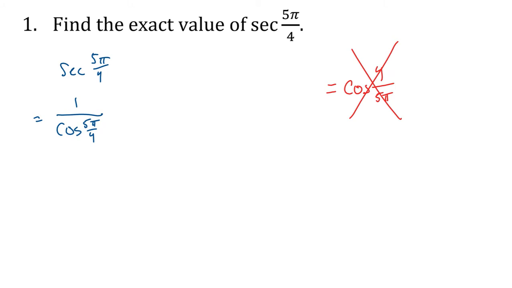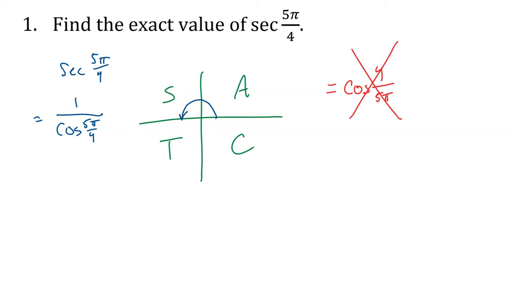What's our next step? Well, you can change it into negative cos pi by 4. So how'd you get pi by 4 and how'd you get negative? Well, because 5 pi by 4 is in the third quadrant, and that's where tan is positive, which makes cos negative. Very good. So 4 pi by 4 would take us there. 5 pi by 4 goes one further.